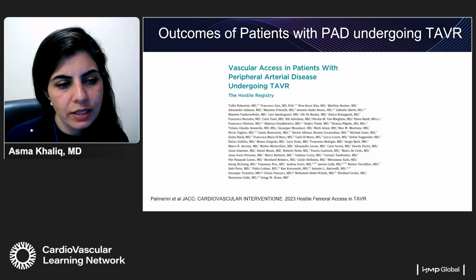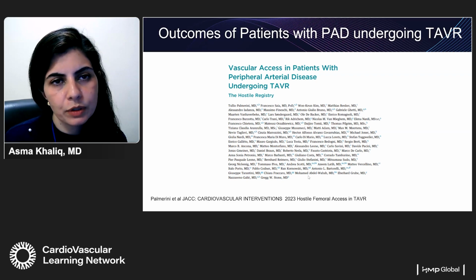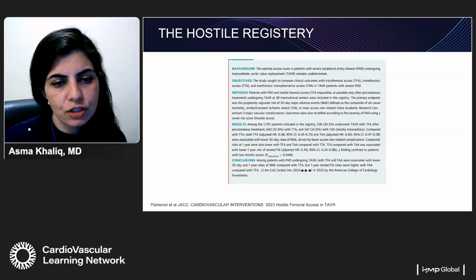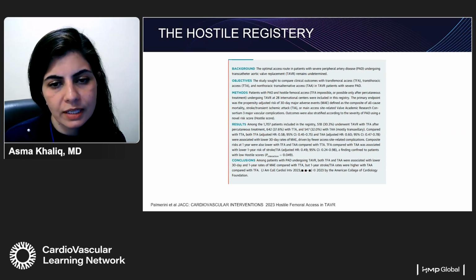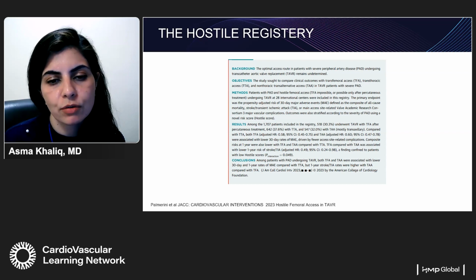This is worth mentioning. This is the registry data that was recently published in JACC Cardiovascular Interventions, and basically what it highlights is the outcome of patients who have PAD undergoing TAVR. Among about 1,700 patients or so in this registry, they found that the transfemoral and transaortic TAVR were both associated with lower primary outcomes, and at 1 year, the major adverse outcomes were compared to the transthoracic TAVR.